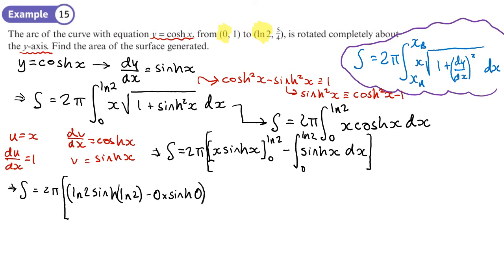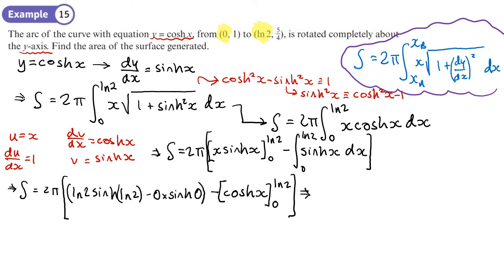Okay, so that's the first part. Then I need to integrate this. So sinh integrated is going to be cosh, and it's going to be cosh x between these limits of 0 and log 2. Right, so we can finish this off.